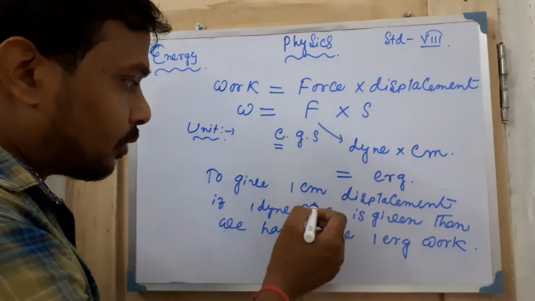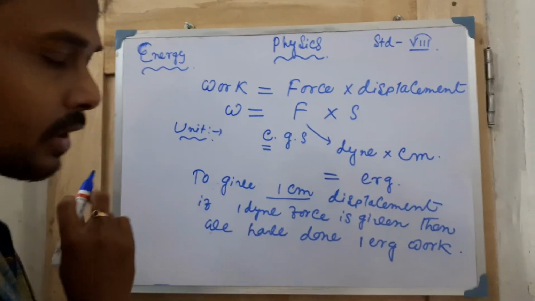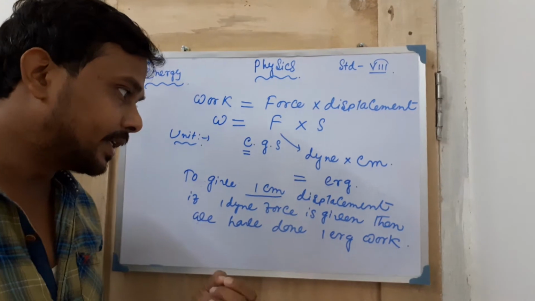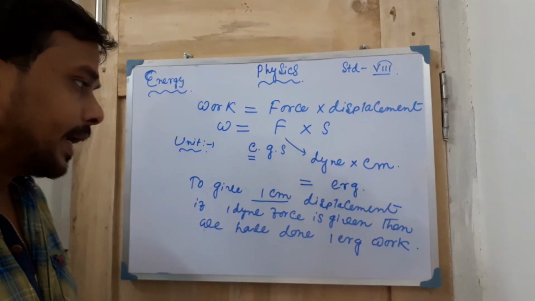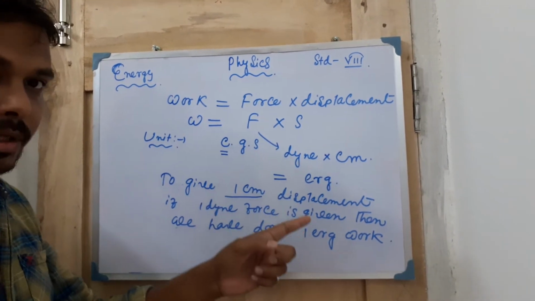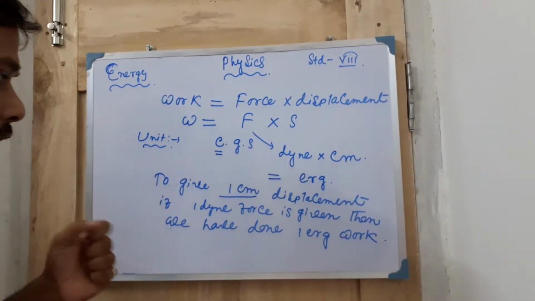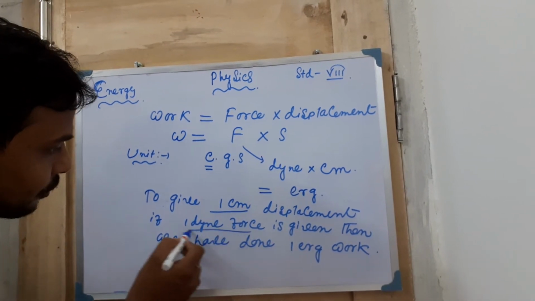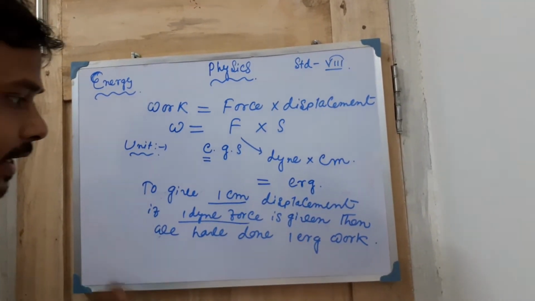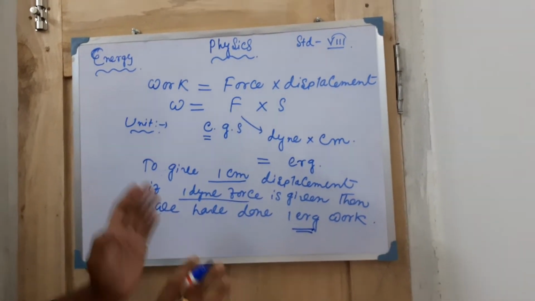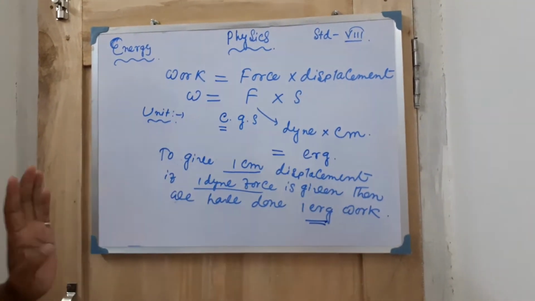If you give 1 centimeter displacement to a body in the direction along the force, because we are doing positive work here, not negative work, and you have given one dyne of force to the body, then definitely you have done one erg of work. That is in the case of the CGS system.